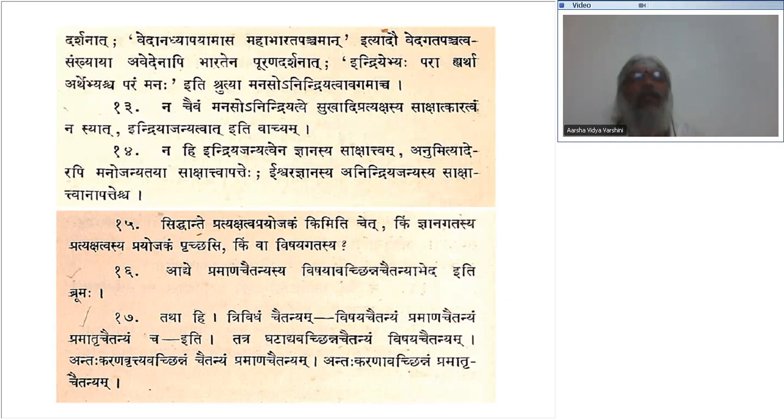Further, another point we are giving here: Ishvara jnanasya anindriya janyasya sakshatva anapattescha. Another point is that Ishvara, even according to the Nayayika, is Sarvajnaha. That means Ishvara need not use any indriya or any means to know. If Ishvara also were constrained to use a particular indriya to know something, Ishvara could not be sarvajna, all-knowing.